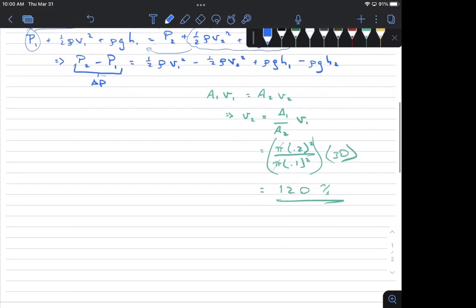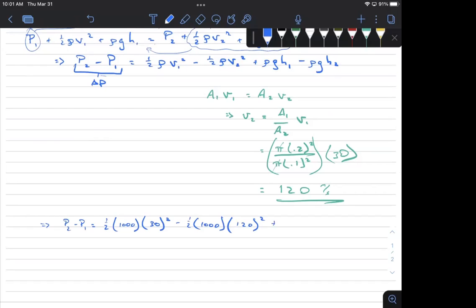Now that I know what V2 is, I could go ahead and solve Bernoulli. P2 minus P1 is 1/2 rho, which is 1,000, times V1 squared, 30 squared, minus 1/2 times 1,000, times V2 squared, which is 120 squared.